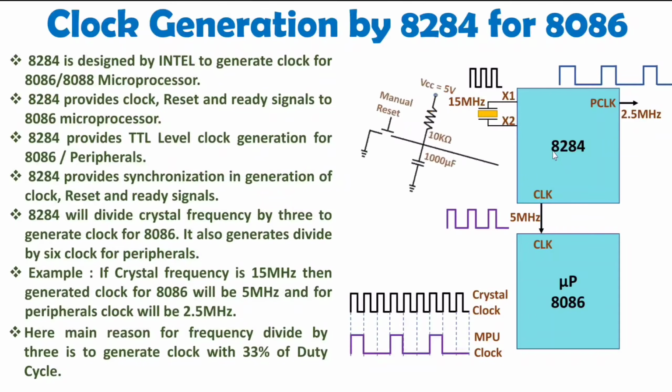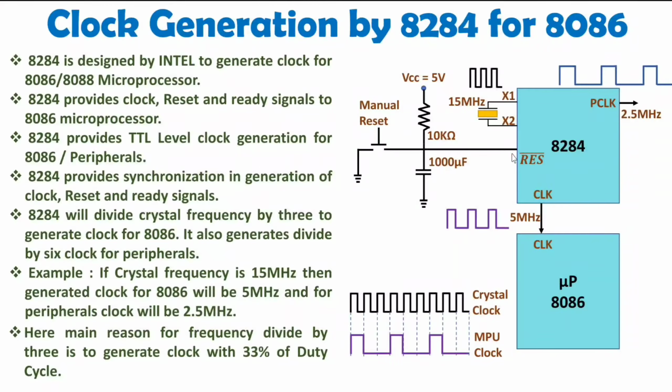For reset generation, first of all we take the reset input over here, and how that reset input is taken, you see we have one circuit in which this RC connection is there, and at this terminal we are connecting a manual reset switch. So try to understand this. Whenever we press this switch, what will happen?